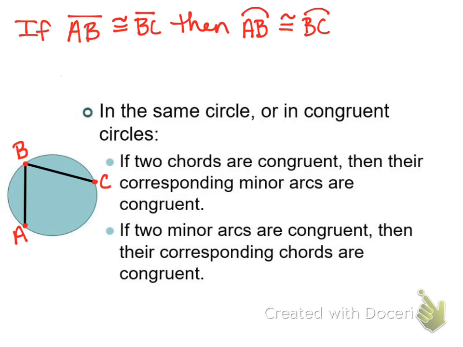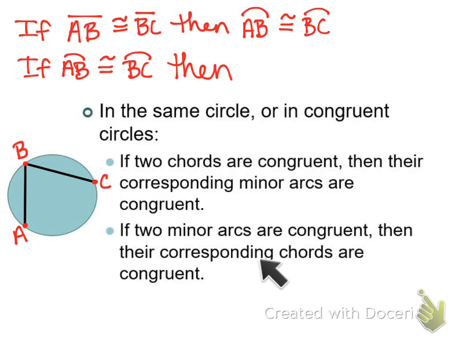It works the other way. So if instead we knew that arc AB was congruent to arc BC, then we would know that their corresponding chords are congruent.